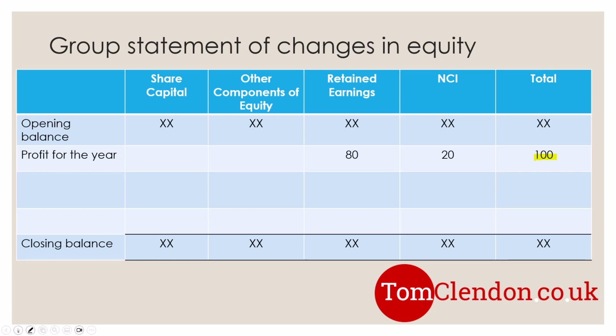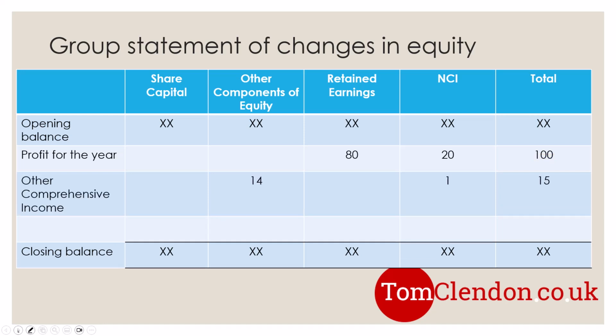On the other hand, if you put something through OCI, if a gain is going directly to equity and is therefore also in other comprehensive income, that will boost other components of equity. P&L goes to retained earnings, OCI goes to other components of equity.